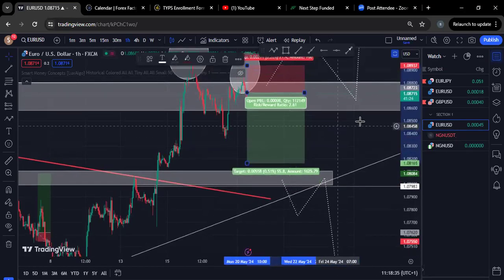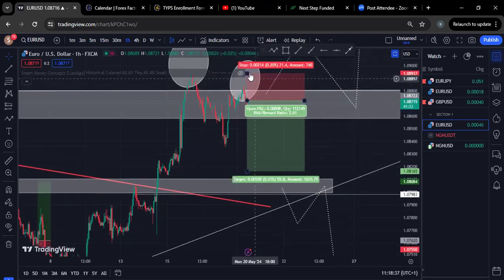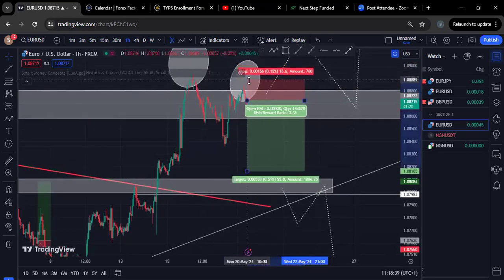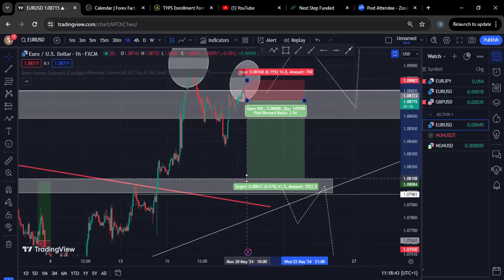The market is currently at this place, so the level is too high. So 16 pips for a 61 pips. That's not bad.